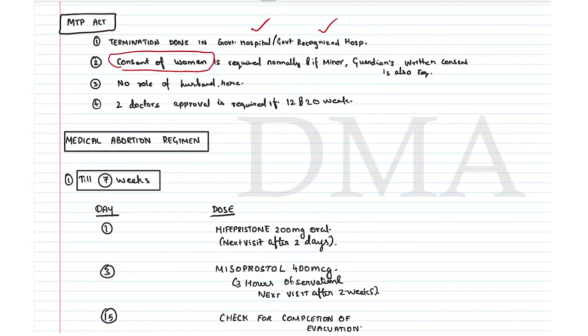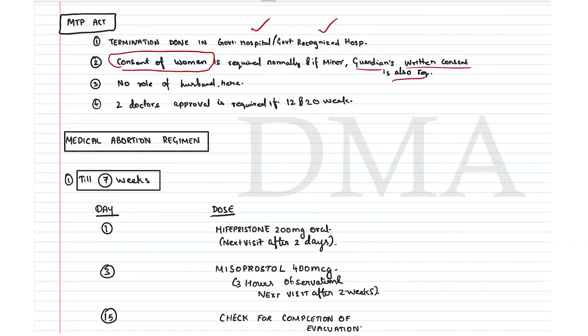It need not be a written consent. If the patient says she is 18 years old and wants to abort, that is fine. So the consent of the woman is required, but it is not mandatory that it be written. But if she is a minor, then the guardian's written consent is required.